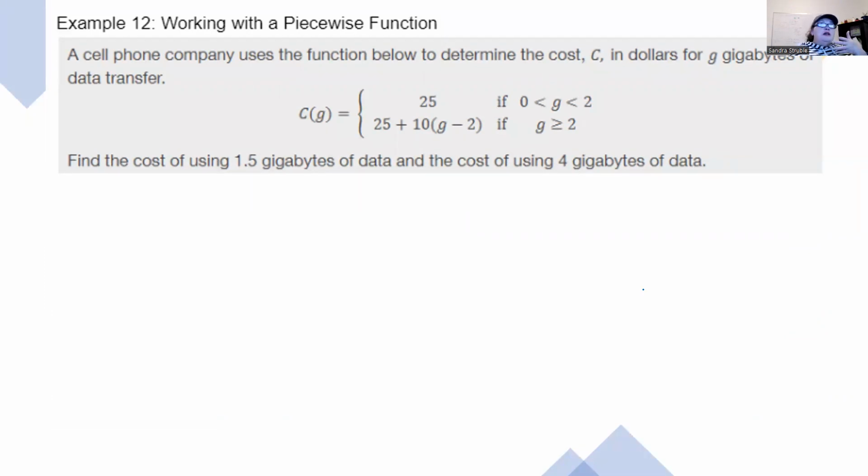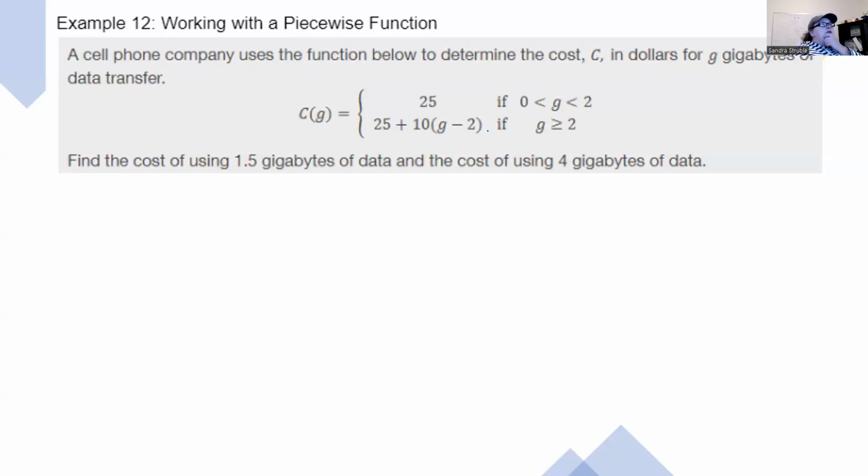Well, you have to understand, before even looking at those two things, what's represented above. Right now it's got C of G, which is the cost based on gigabytes, is $25 if you use between 0 and 2 gigabytes, not including 2. Once you reach that 2 gigabyte usage, you're going to come down here and pay that $25 plus $10 times however many gigabytes you're using minus 2.